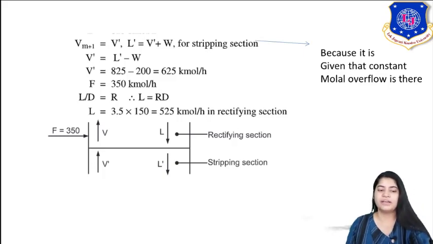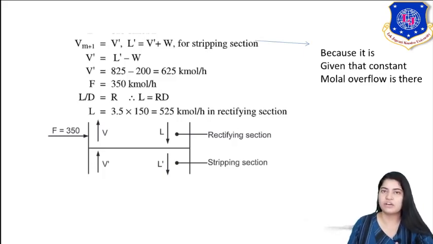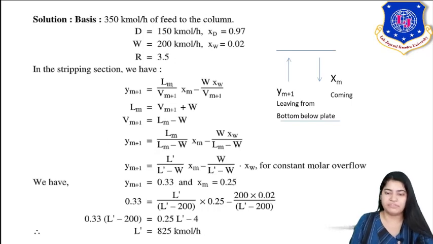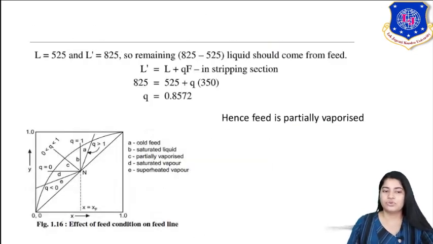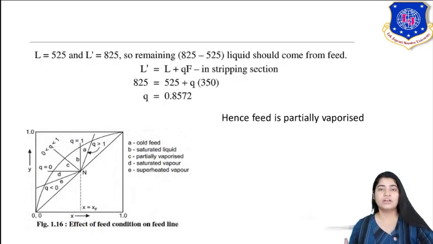Hence F is 350 kilomole per hour. L and V are for the rectifying section. L is 525 kilomole per hour in the rectifying section. For the stripping section, your L bar is 825 kilomole per hour. So L is 525 and L bar is 825. The remaining 350 is from the feed. Now learn the equation of the q line, how we derive it.